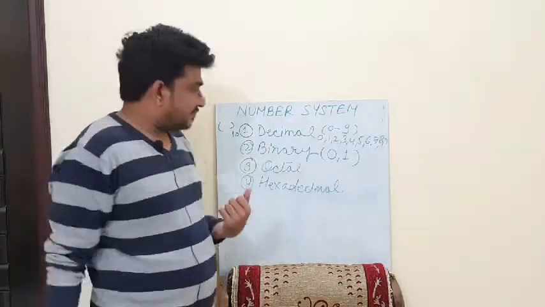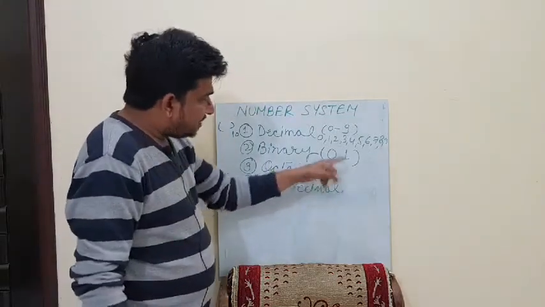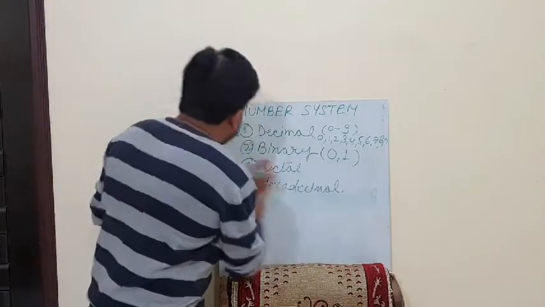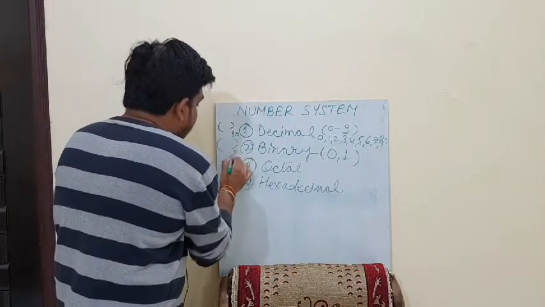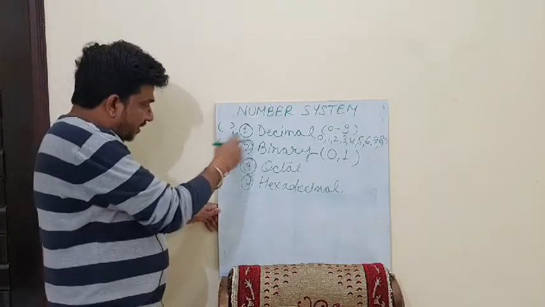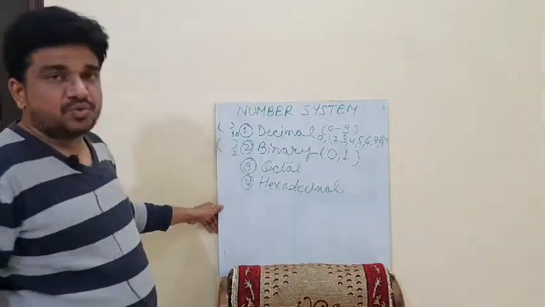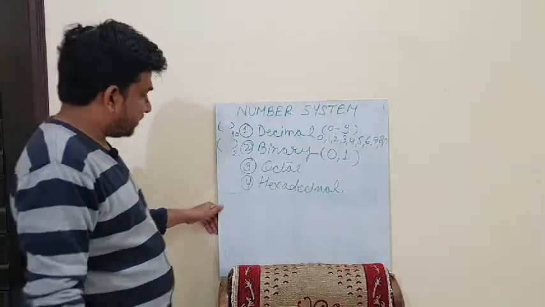So this is the binary number system. Now the elements are 2, so we say this is a base 2 number. If any number is written in brackets and suffixed by 2 outside the brackets, you can say it is in the binary number system.